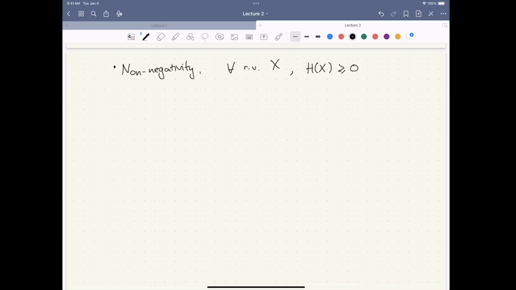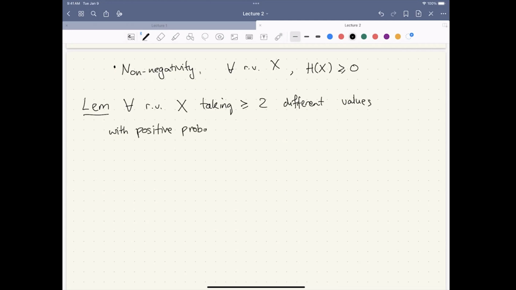So this is the next lemma. It takes at least two different values with positive probabilities.